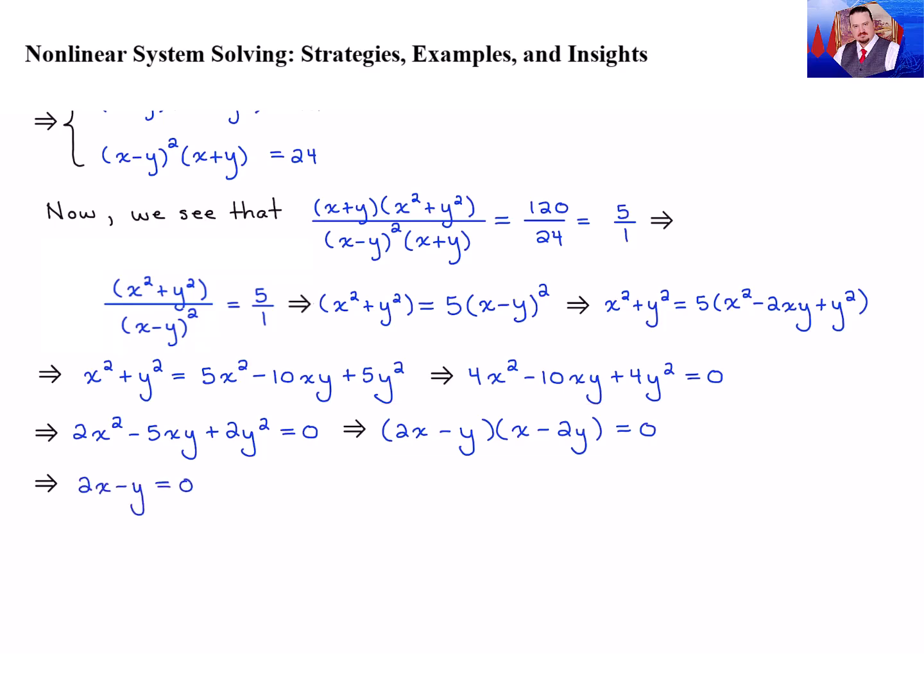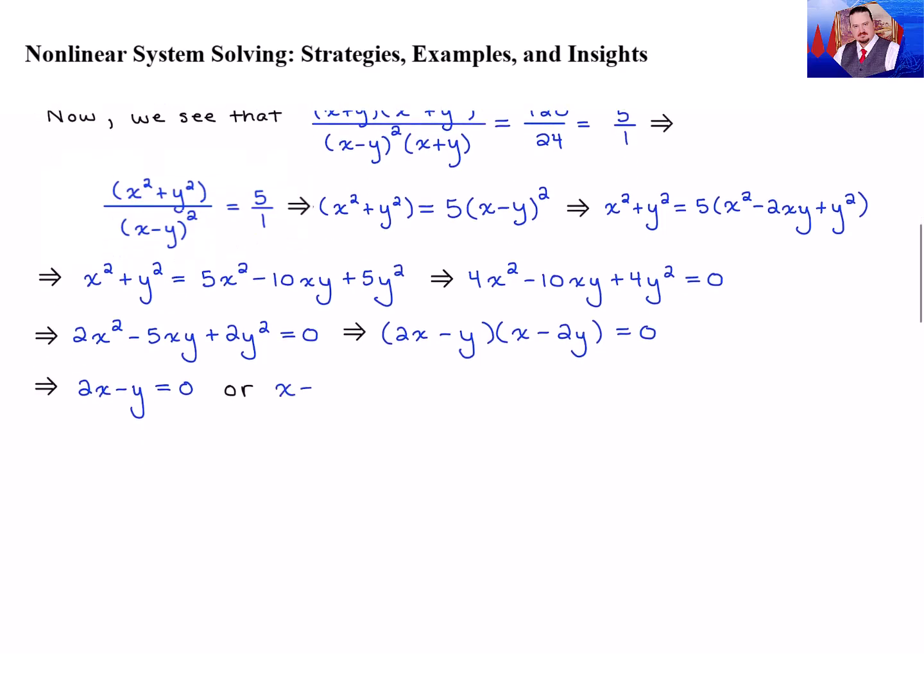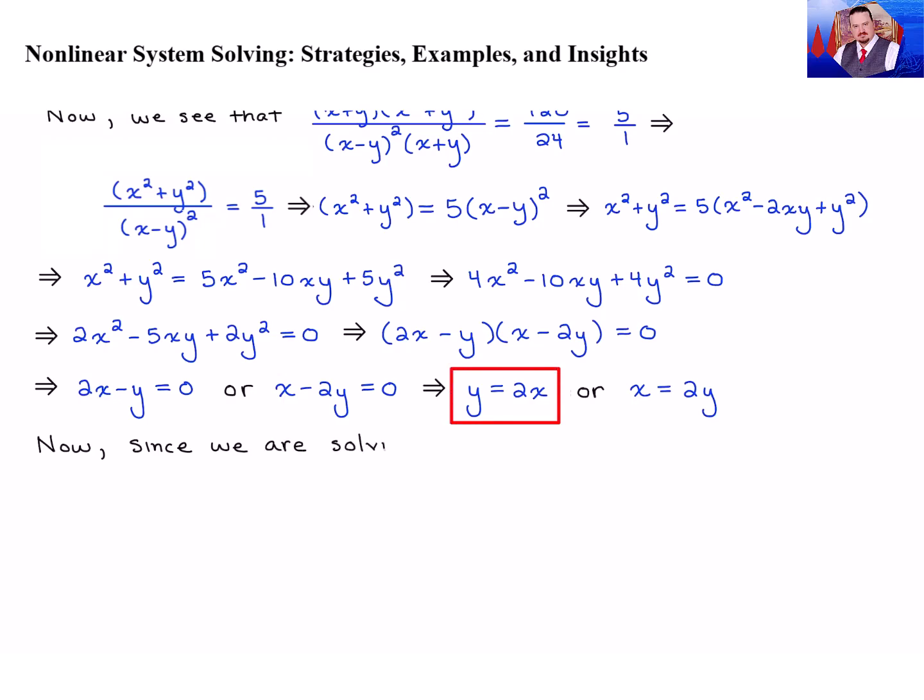This allows us to solve for each linear factor, producing ultimately y is equal to 2x or x is equal to 2y. Now remember we're solving simultaneously, so we have to do these branches, so to speak, one at a time. We have to consider y equal 2x, then later separately we'll consider x equal 2y, and we need to plug that result back into either of the two original equations.